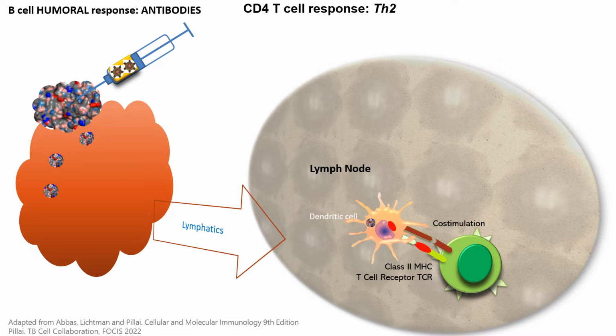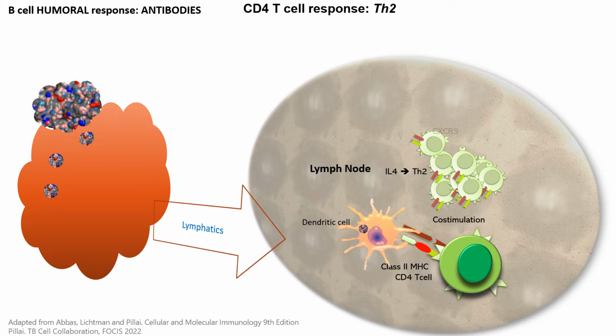This interaction, in addition with a co-stimulatory factor, will produce a differentiation to Th2 cells. These cells that have that particular T cell receptor and identify that epitope are now differentiated into Th2 cells, and they proliferate in the lymph node.